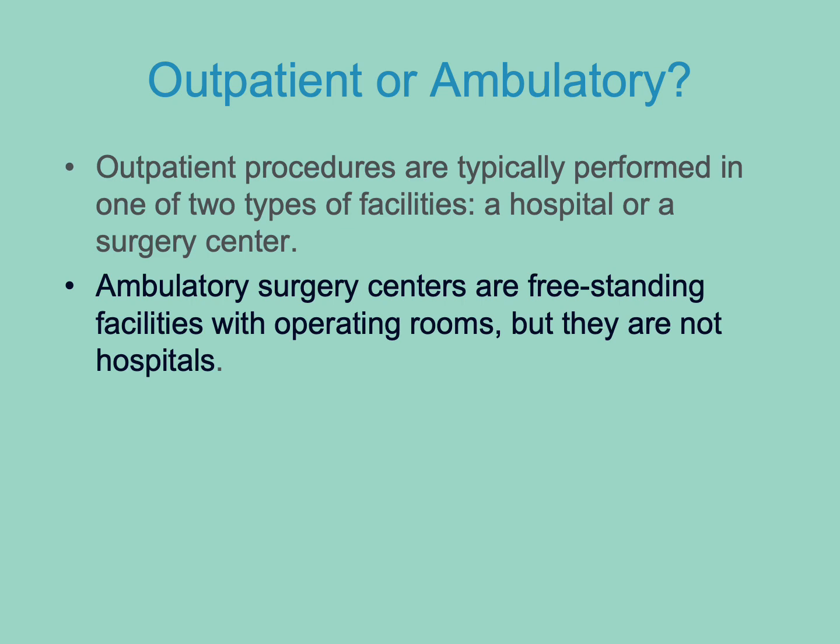Ambulatory surgery centers are freestanding facilities with operating rooms, but they're not within a hospital. So we're going to talk about outpatient procedures, outpatient surgeries, which are generally within a hospital, and ambulatory surgery centers, which are generally freestanding facilities.